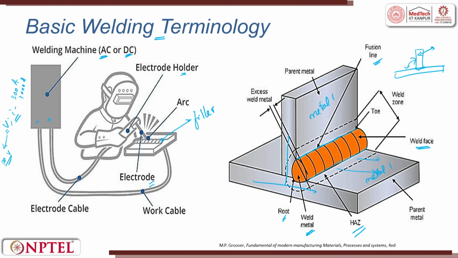So, from the weld to the weld zone, what we have is called the heat affected zone, HAZ. And then we try to have the pattern in which it is trying to flow. This is also very important. So, we have a toe at this portion.